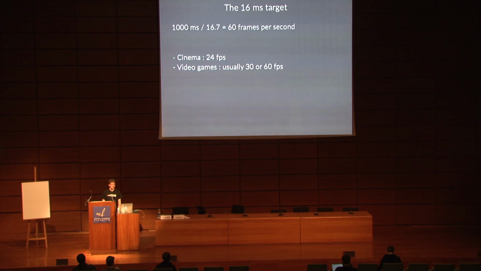Well, it's a very down-to-earth reason. Originally film was very costly, so they took the lowest bound of what they could get away with, and it stays that way until now. So we can go as low as 20 frames per second at the limit.